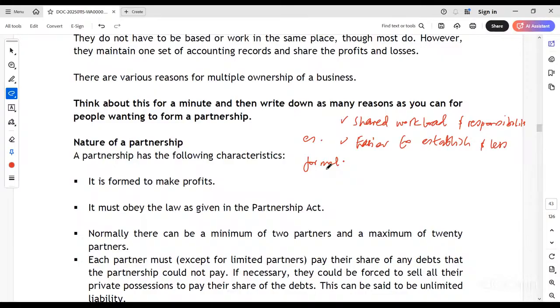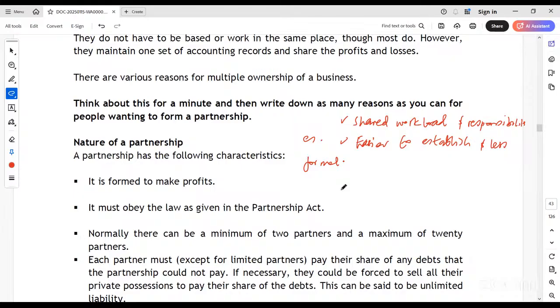The legal formalities are very few. So it's easier and less expensive to establish, and less formal when it comes to the regulatory requirements. The regulatory requirements for partnerships are not complex as such.